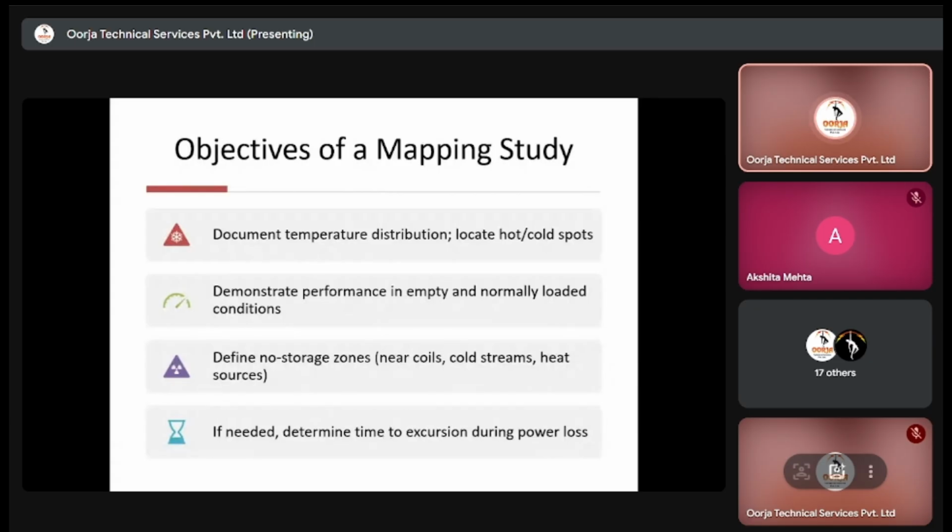So the objective is to document the temperature distribution and to locate the hot spot and cold spot.